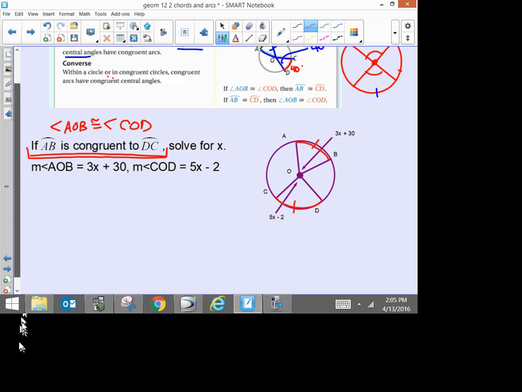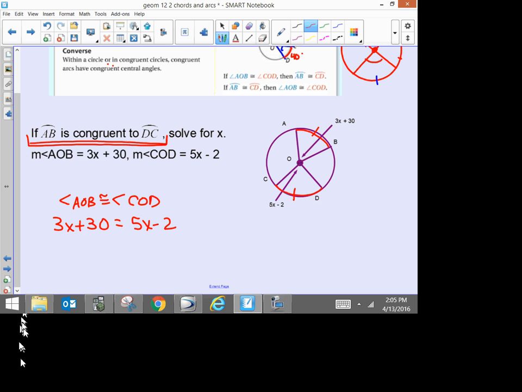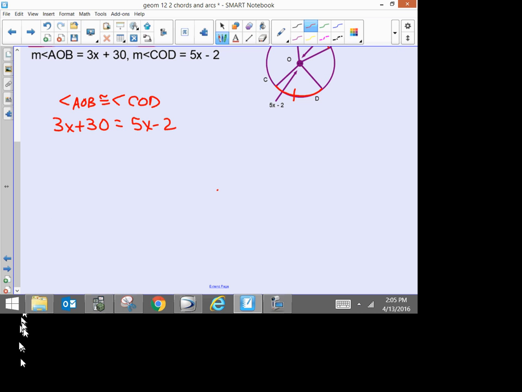Solve for X. Well, looky here. Here's AOB, here's COD. I'm just going to move this statement down here, and I'm going to replace AOB with 3x plus 30 and COD with 5x minus 2, because congruent means they have the same measure. Those are the measures, and you're going to solve for X. What's X?